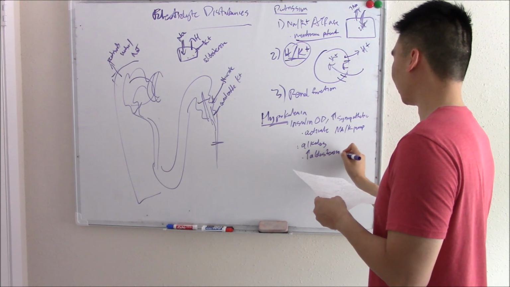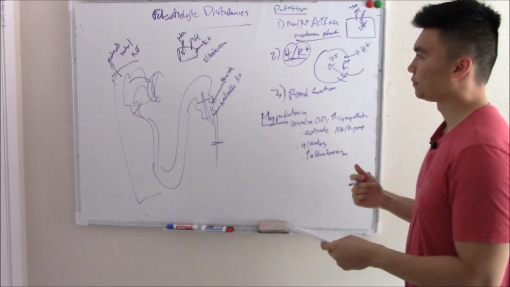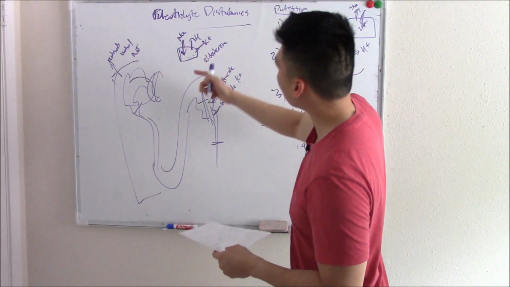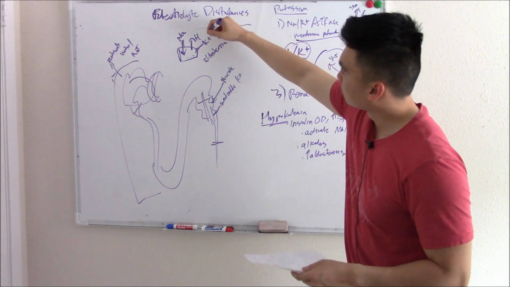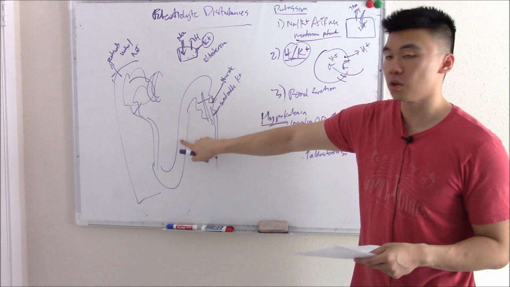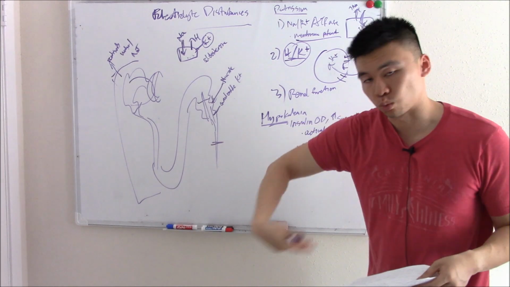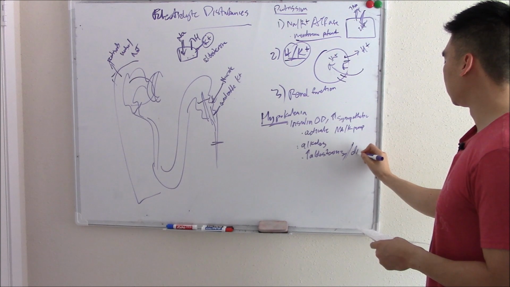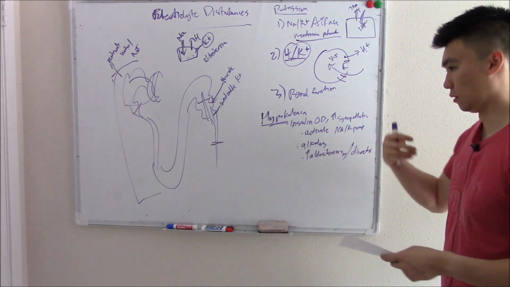You can have hyperaldosteronism, whether it's from a tumor or any other source. We said aldosterone activates this pump, takes in sodium, and pumps out potassium into your tubule, and you pee that out. You get rid of that. Also, diuretics can cause you to lose potassium.